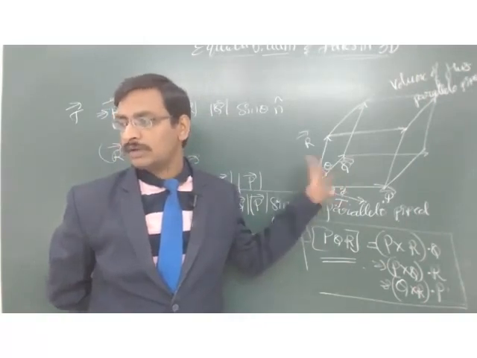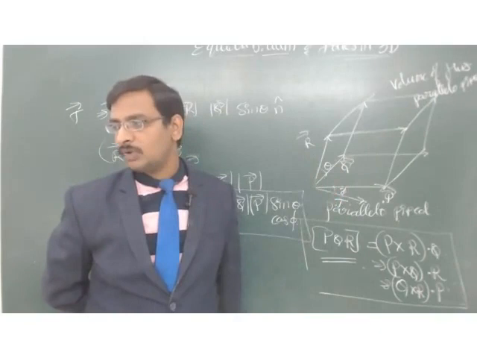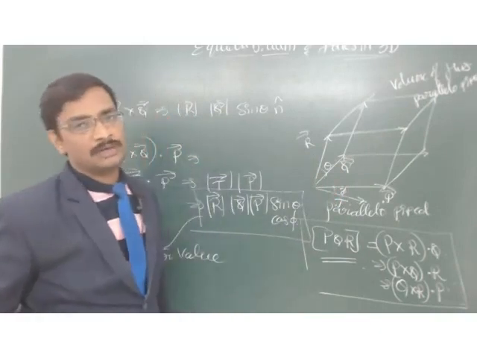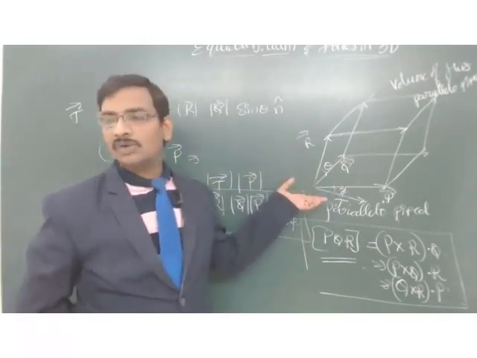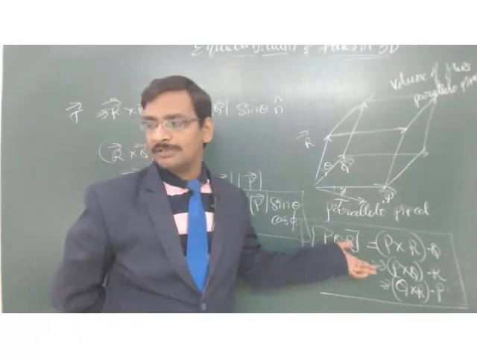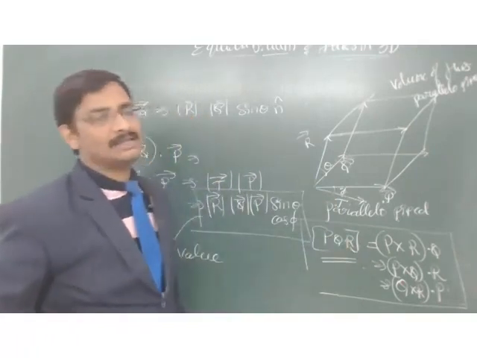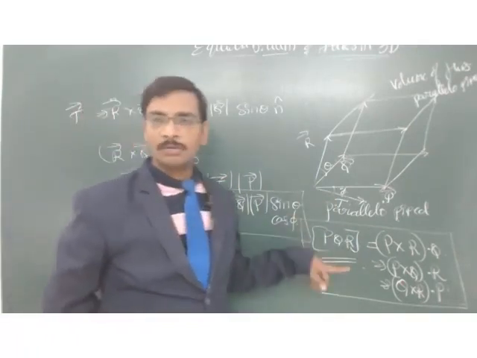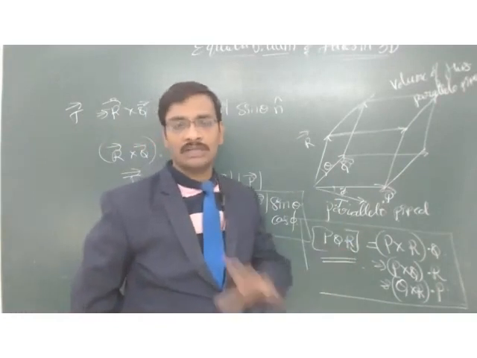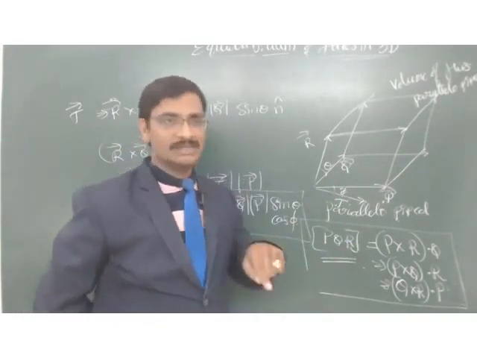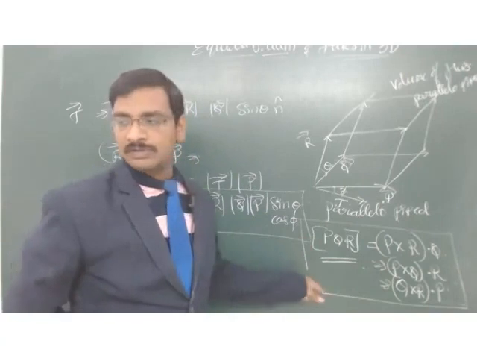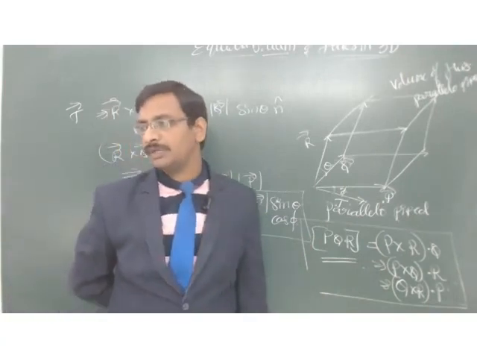If any two vectors out of these three are parallel, obviously it will make zero volume, right? So if it is making zero volume, obviously the scalar triple product will be zero. That is exactly the reason that in the scalar triple product, if any two vectors are equal, then the result is always zero. That is exactly the value we used in the previous example. Got it? Any questions on this?